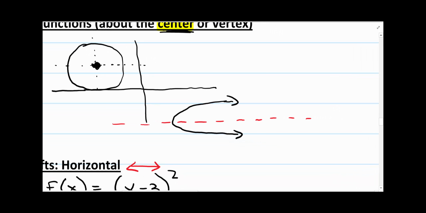Or if you have a sideways parabola, that would be an example of x is equal to y squared, you're going to have symmetry about the vertex. If it was just this equation, x is equal to y squared, then it would look something like this. Then the vertex just happens to be on the x-axis, so there would be some symmetry there.